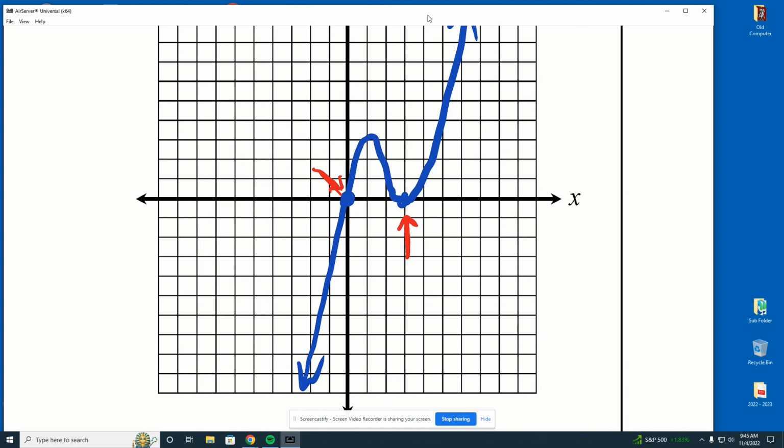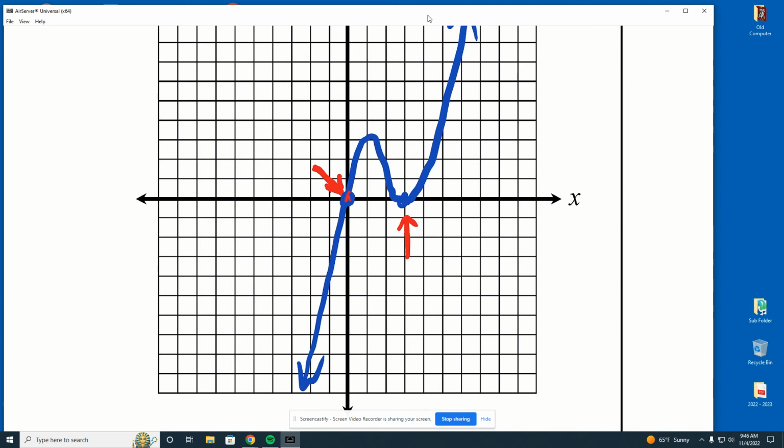And there's something distinguishably different between the answers to those problems, and that is what we call multiplicity. It means that the answer is the answer a certain number of times.